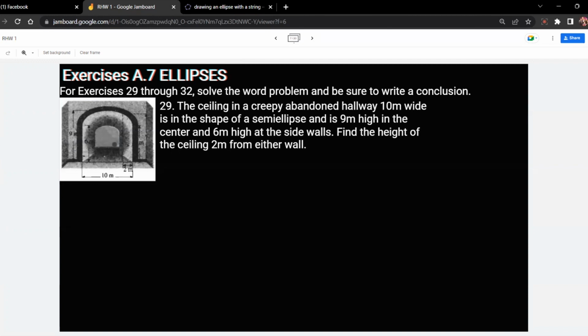And 6 cm high at the side walls. So, the height of the ceiling 2 meters from either wall. Okay.